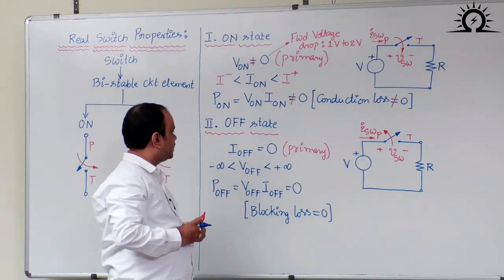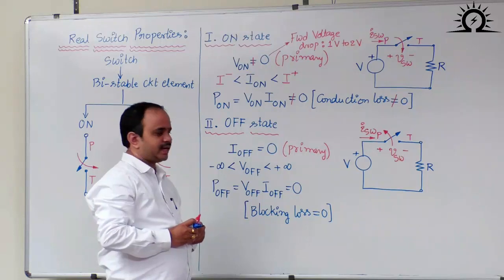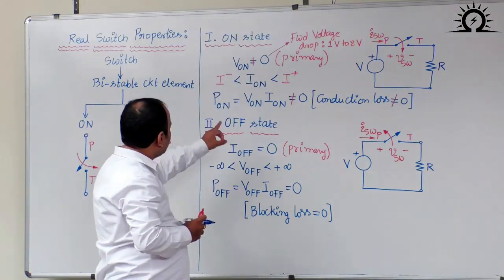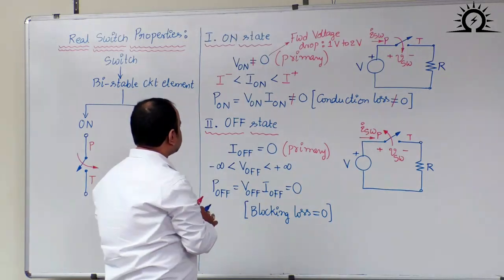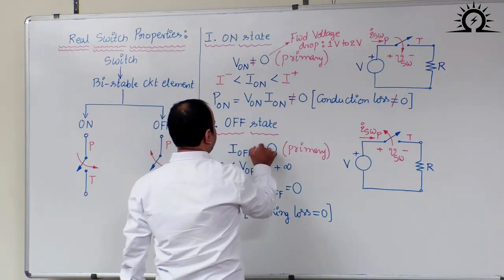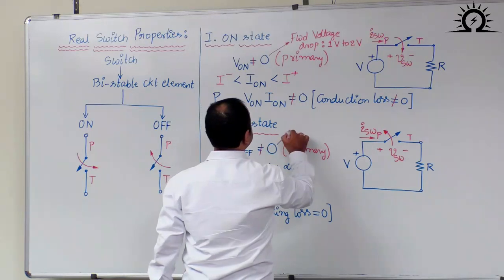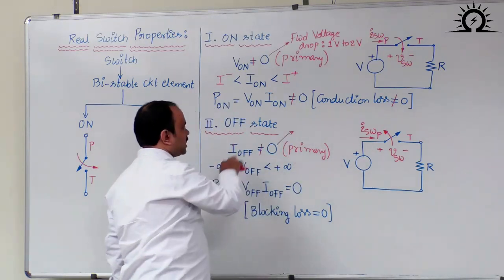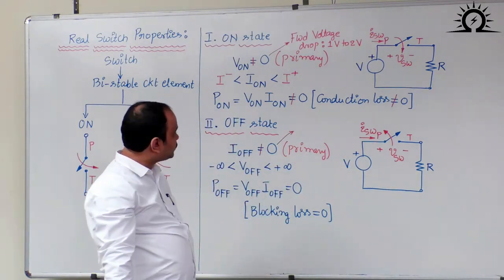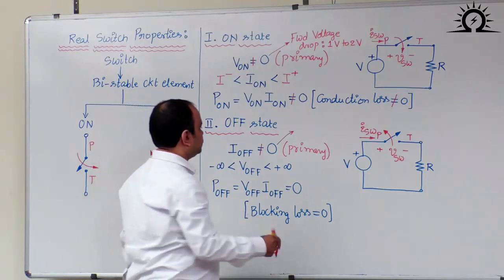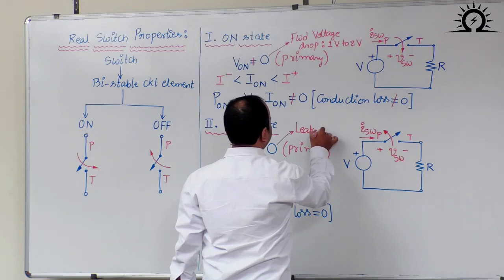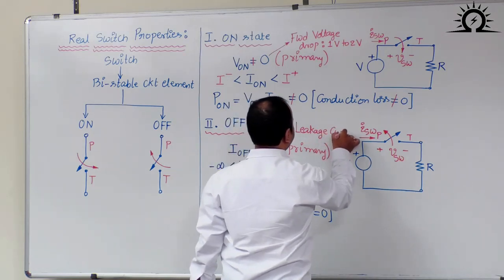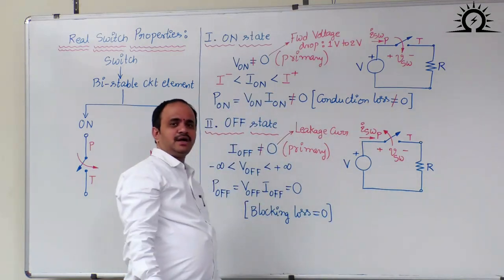Earlier we told that zero current flows through the switch, but practically speaking, some amount of current will flow through the switch during off state. That current is called leakage current.